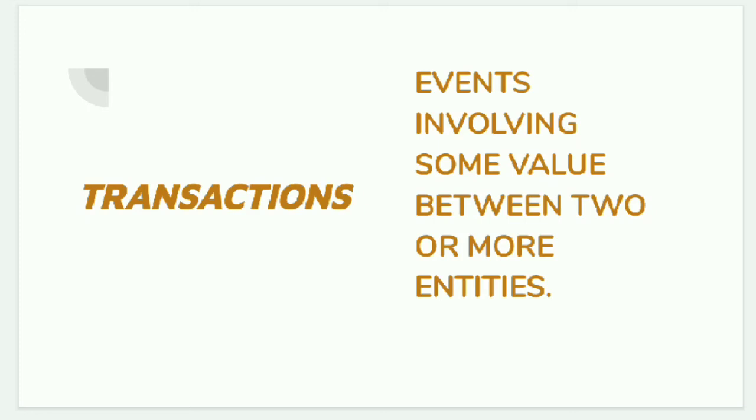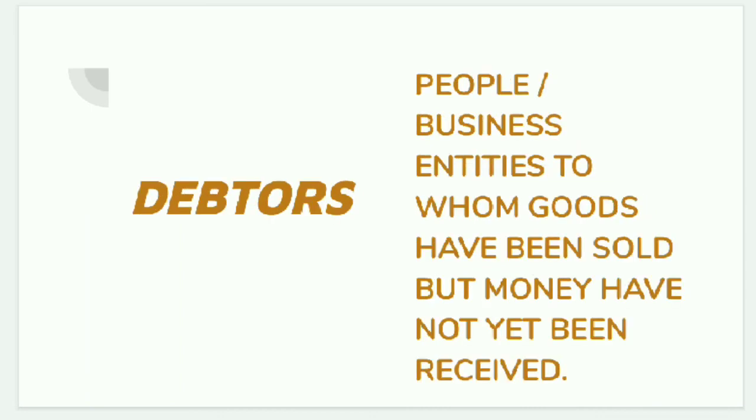Isn't it? Let's see what our next term is. Debtors. Some of you might pronounce it differently, but actually it is pronounced "debtors", the B is silent. So, who are debtors?